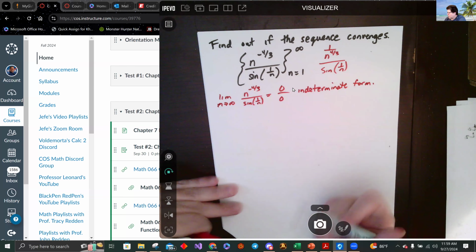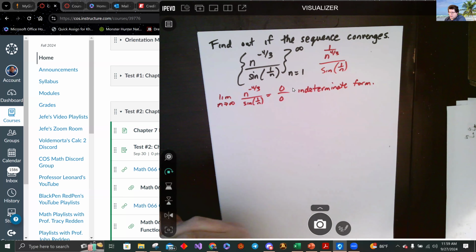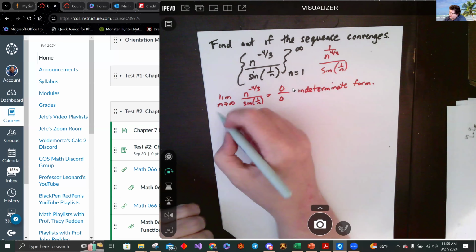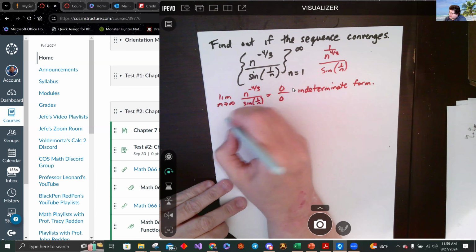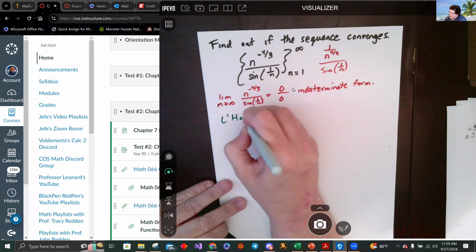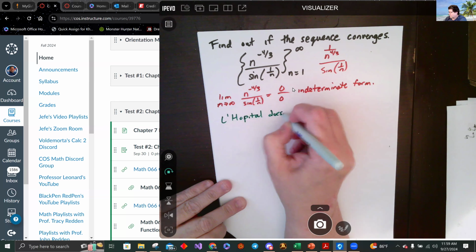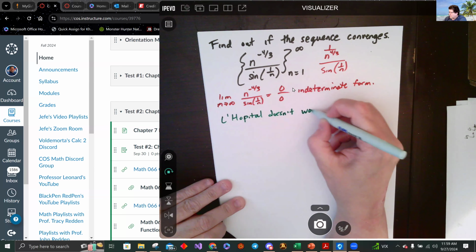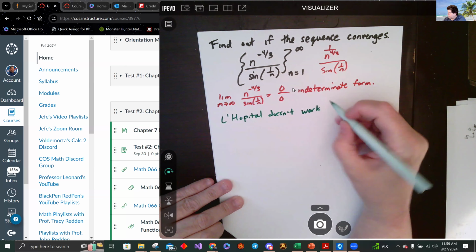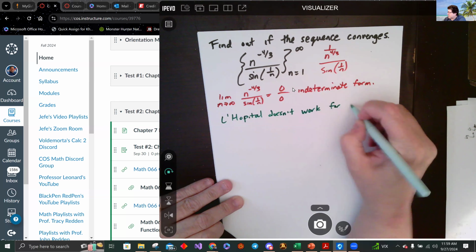And L'Hopital would be great, but L'Hopital doesn't work for just integers.